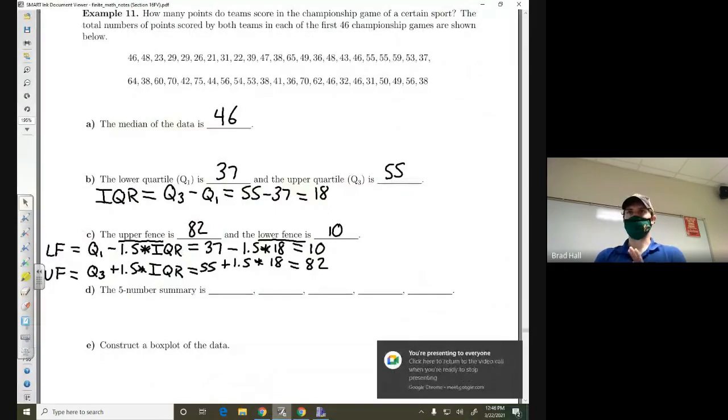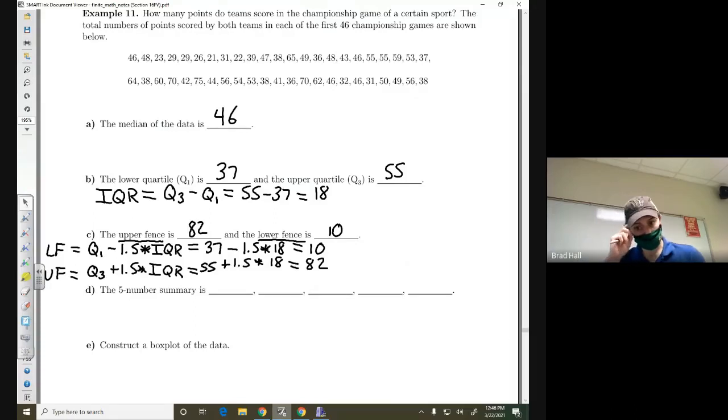Does anyone have any questions up to this point? If not, let's go ahead and fill in the 5-number summary in order. So the 5-number summary is always the minimum value, first quartile, the median, third quartile, and the maximum.